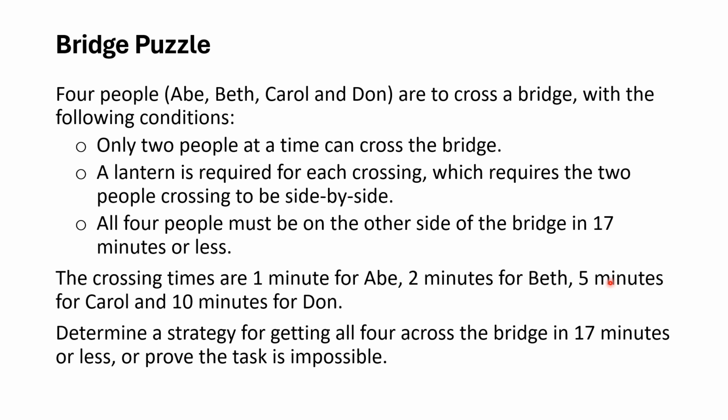Then he could run back again and get Beth, and the 2 of them together would go across in 2 minutes, since Beth is slower than Abe. But that would be much more than 17 minutes. So the question is, how do we make some arrangement to get them all across, if possible? It may be impossible, but I won't tell you whether it's possible or not here. If there is an arrangement, then fine, and if not, prove that it's impossible. So that's the problem.